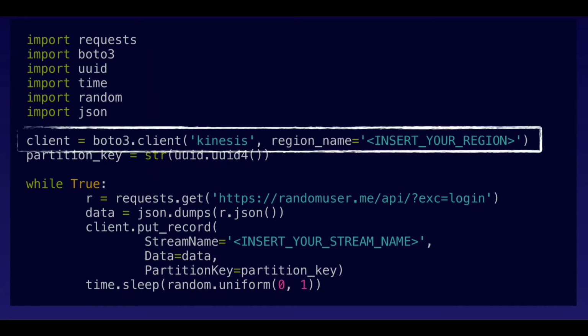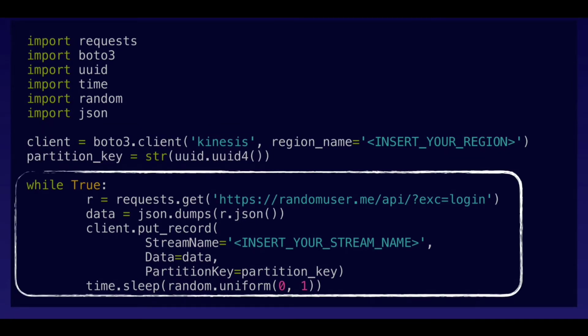Next, we will create a variable called client that is derived from the Boto3 library, which is the AWS Python library that allows you to communicate with AWS resources. So the resource that we are going to communicate with is Kinesis, and we go ahead and specify the region name that we are working in.